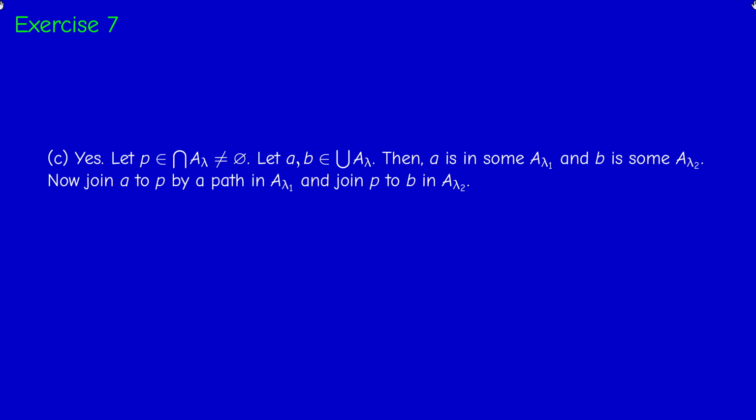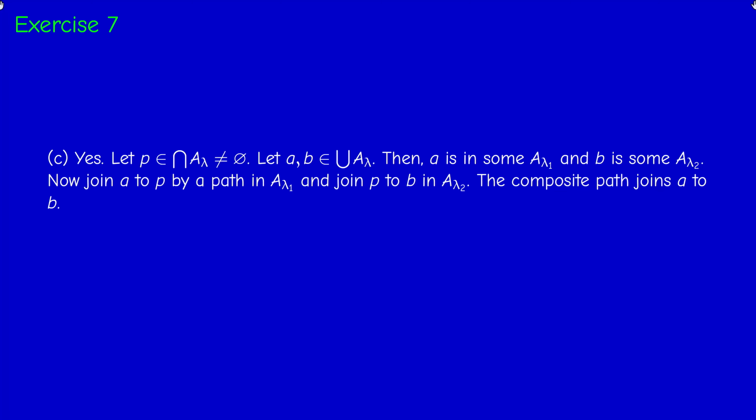Since A lambda 1 is path connected, we can join A to P by a path in A lambda 1, so by a path in X, and therefore a path in the union. And since A lambda 2 is path connected, you can join P to B by a path in A lambda 2, and therefore a path in the union. Therefore, by composing or juxtaposing these two paths, you get a path from A to B in the union. Okay, and therefore the union is path connected.